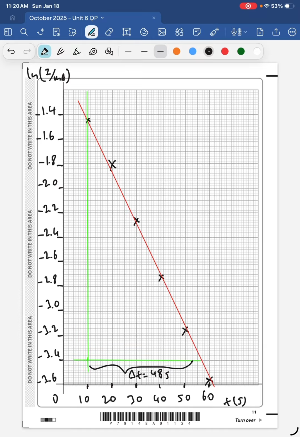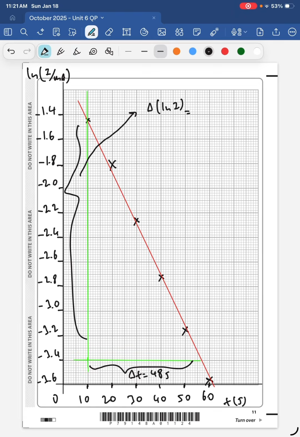And then in the vertical direction, we need all these. So I'm going to move over there. Delta of ln of I is from minus 3.4 to, what's that, minus 1.5.